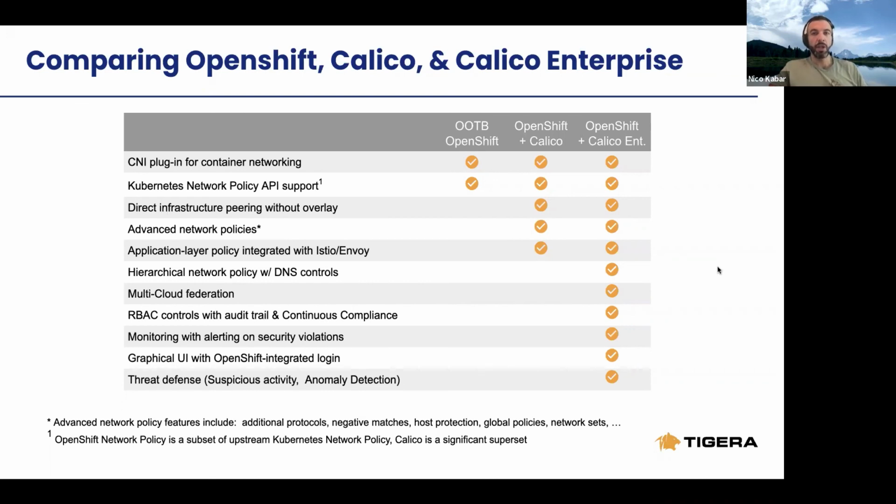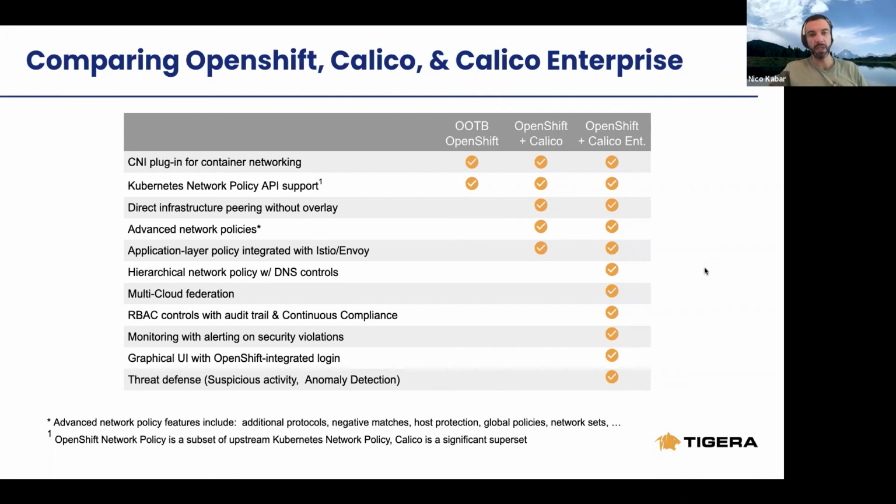This is a good summary of some of the features and functionalities that Calico can help address, or the gaps that it helps address that are not available out of the box with the built-in solution from OpenShift. To name a few: advanced network policies that go beyond the basic Kubernetes network policies.